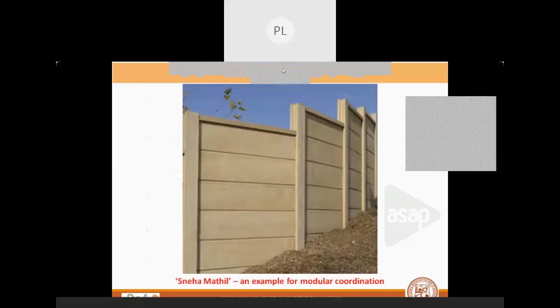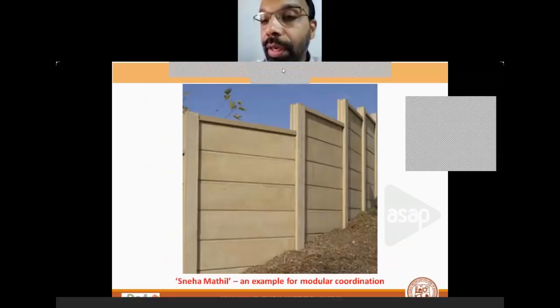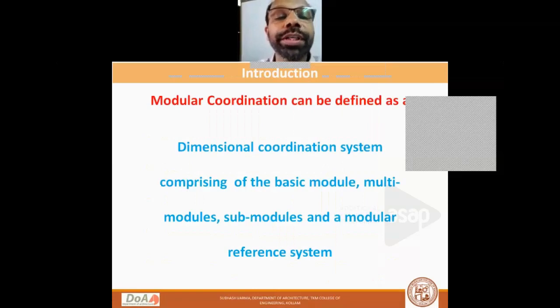So we can say that modular coordination can be defined as a dimensional coordinate system which comprises the basic module, multi-modules, sub-modules, and a modular reference system. There is a basic module associated with modular coordination.